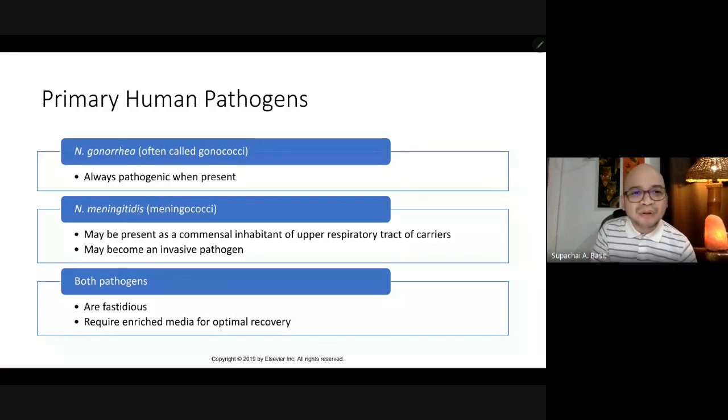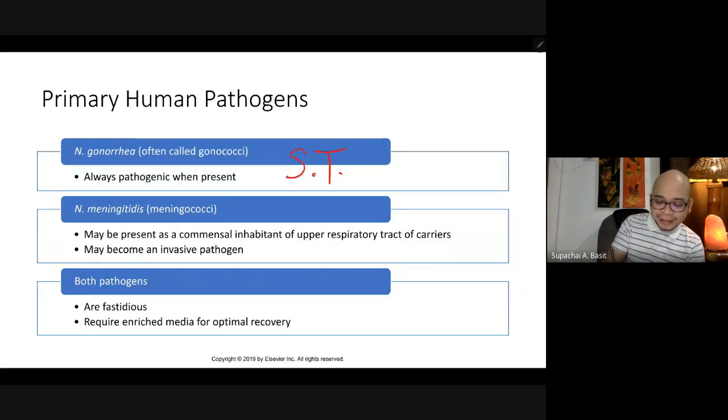So let's talk about the primary human pathogens. Neisseria gonorrhoeae is always pathogenic whenever it is present. That's your gonococci, and it is actually one of our STIs, sexually transmitted infections.